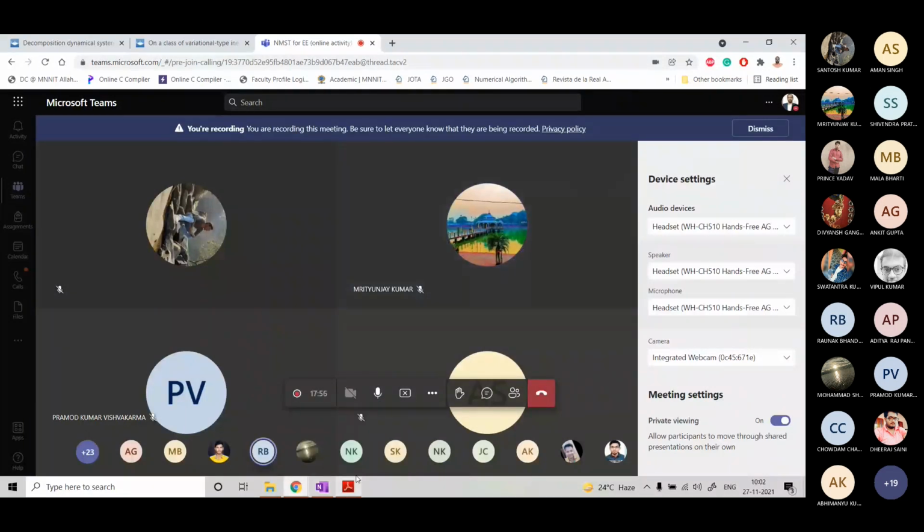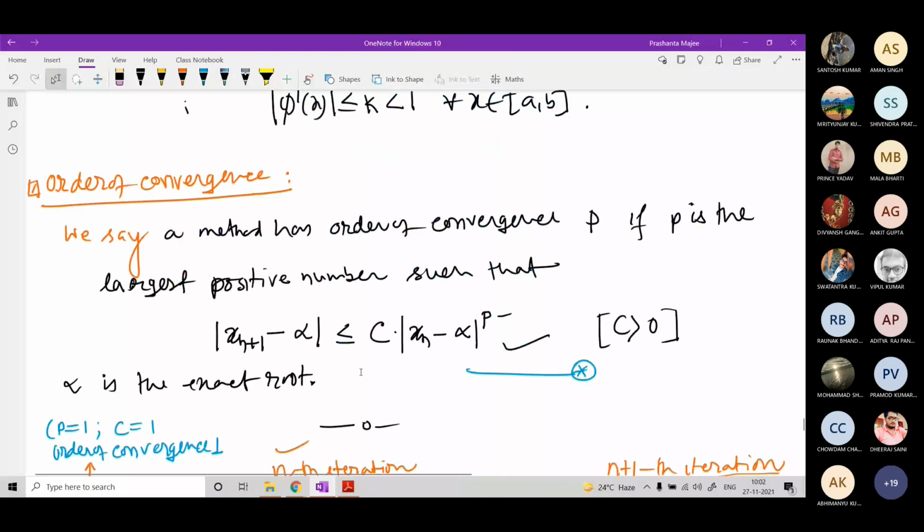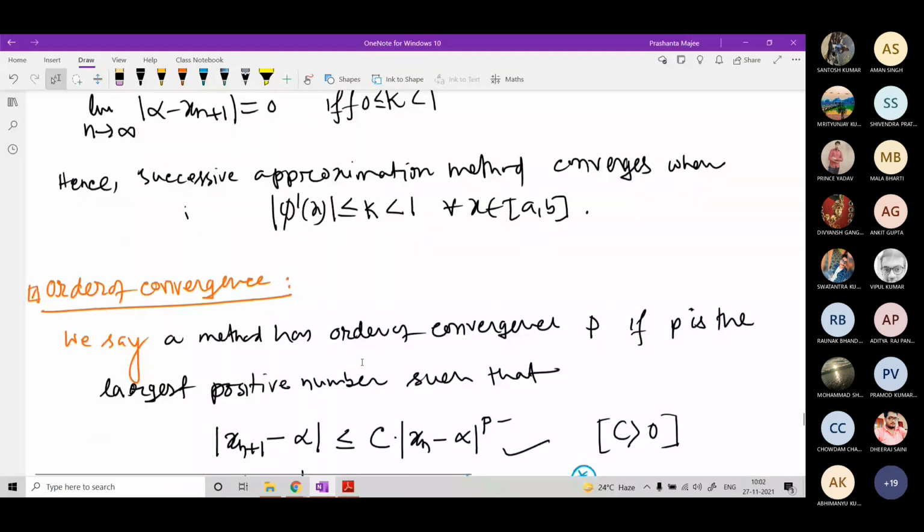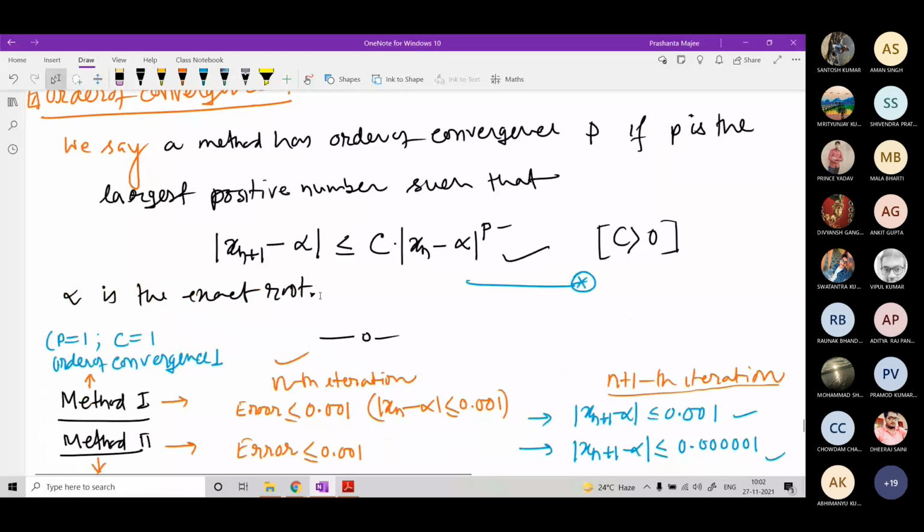Anyway, I told you this is the relation which the error should satisfy. Let me use this yellow pen. This is the error, epsilon n plus 1, which is x n plus 1 minus alpha, the error in the n plus 1th iteration. On the right-hand side you have mod of x n minus alpha to the power p, that is the error in the nth iteration.